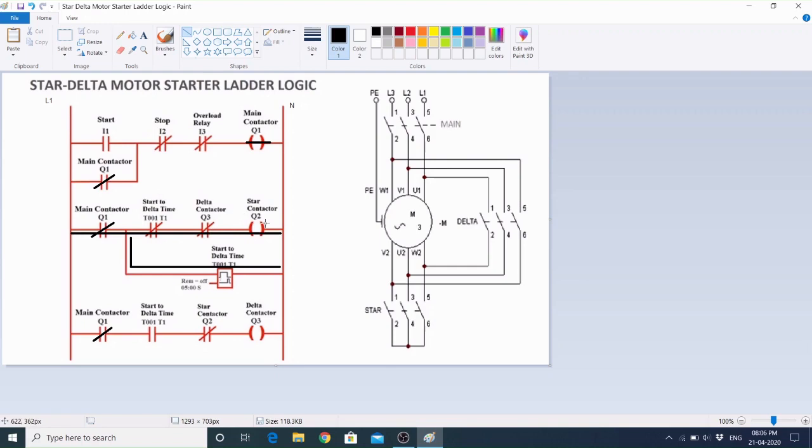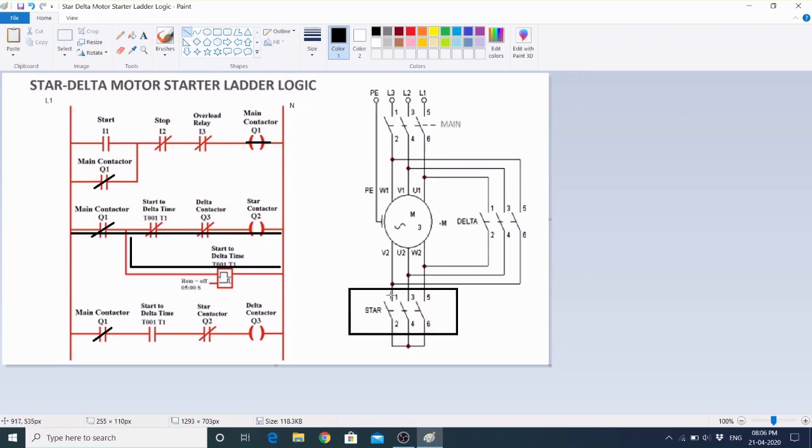Now if the coil of the start contactor is energized, in the power circuit these contacts will change their states.